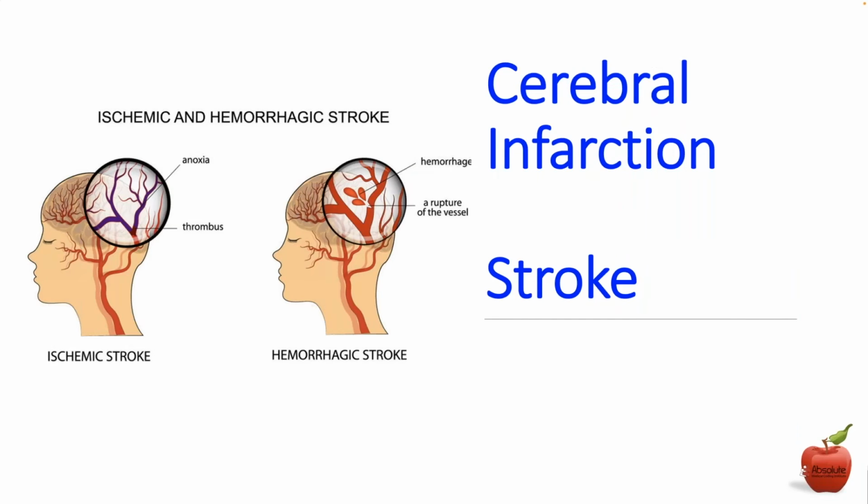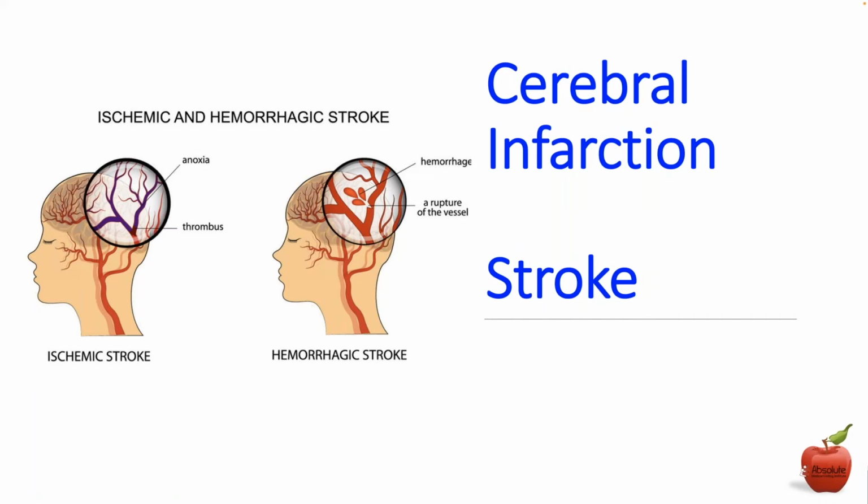Now we have to turn our attention to another type of infarction. And earlier we said an infarction is blockage, but this type of blockage, a cerebral infarction, is blockage of a cerebral artery, right?